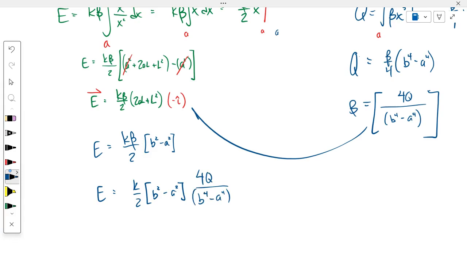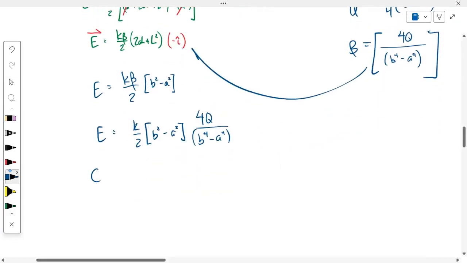Do you recognize that b to the 4th minus a to the 4th can be doctored up a little bit, right? We say, let's see, b squared minus a squared. Let's do this: 4KQ, right?